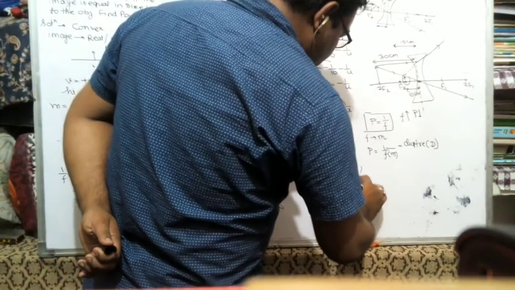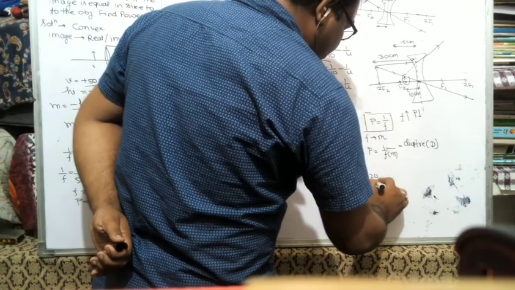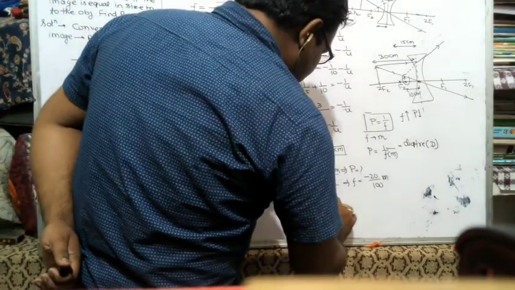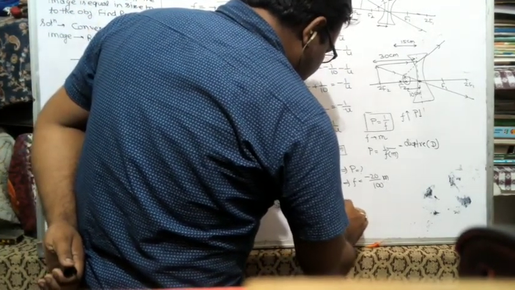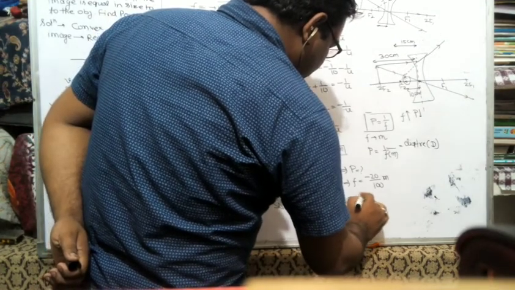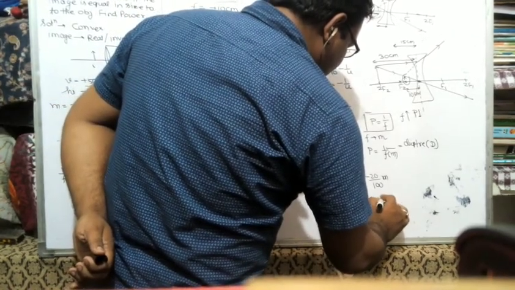So convert focal length in meter. Minus 20 by 100 meter. By dividing by 100, it is converted into meter. Now power is 1 upon minus 20 by 100. So it is minus 100 by 20. It will be minus 5 diopter.